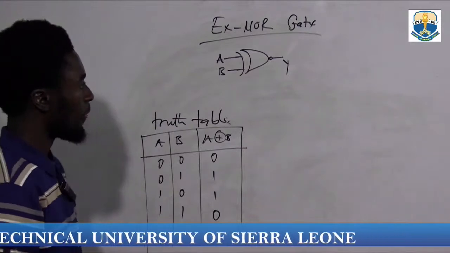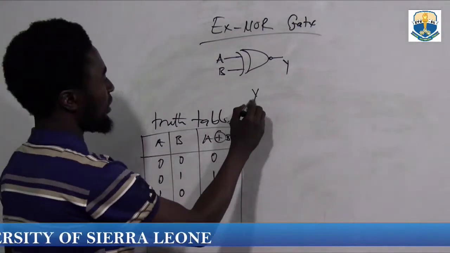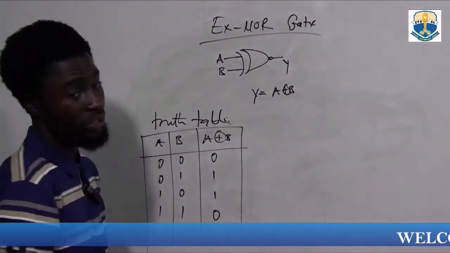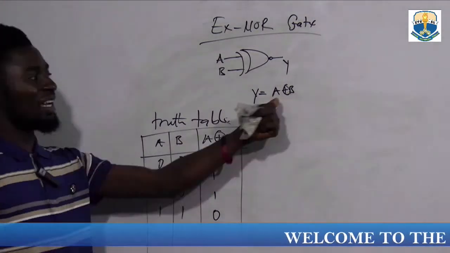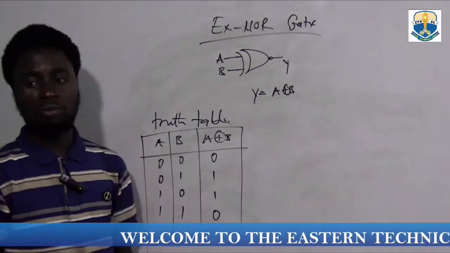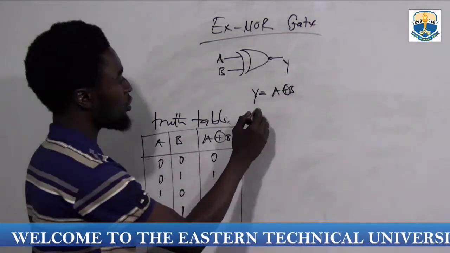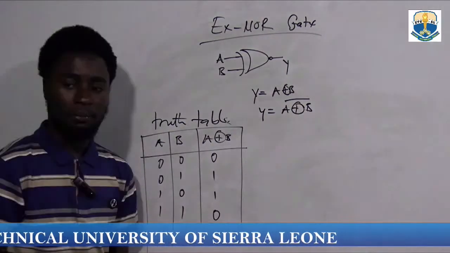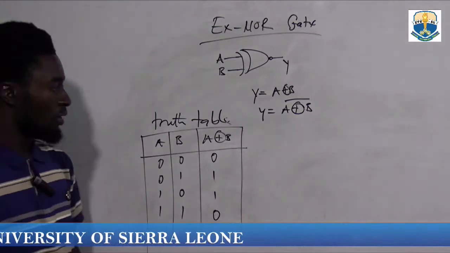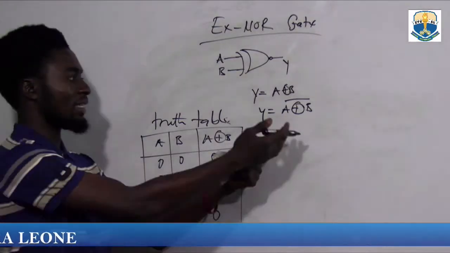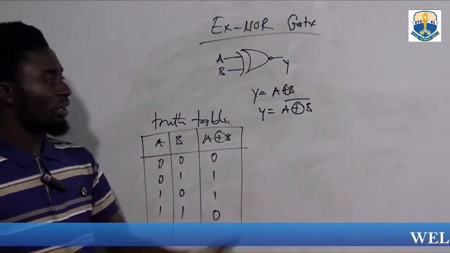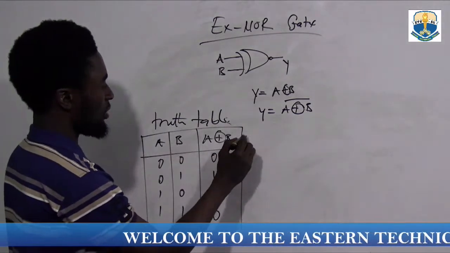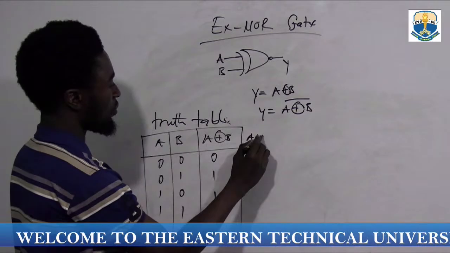So now the expression would be Y equal to A plus B. This is our exclusive OR. And when we are inverting this one or taking the complement of the output, it will now be Y equal to A plus B all bar. So this is what we have. From this truth table, we can also extend our truth table here, taking the complement of the output, A plus B all bar.